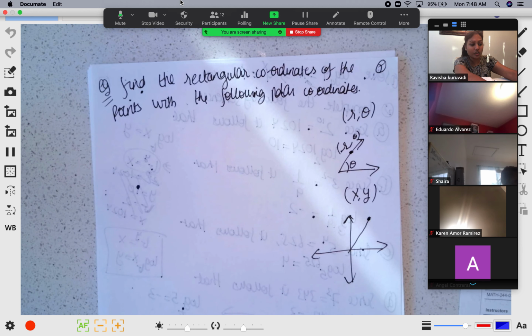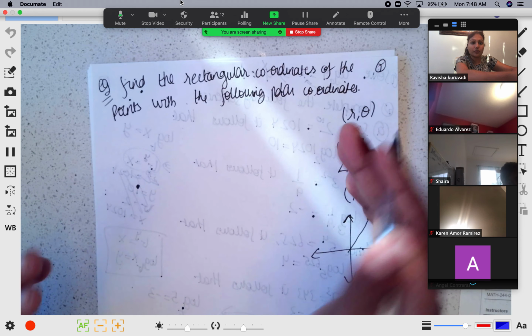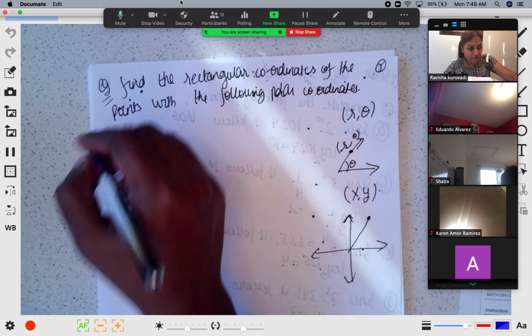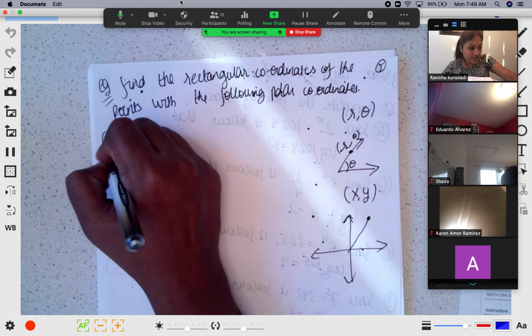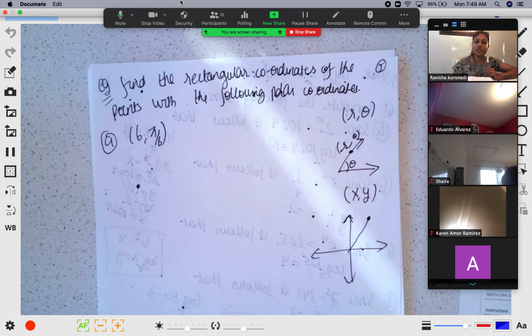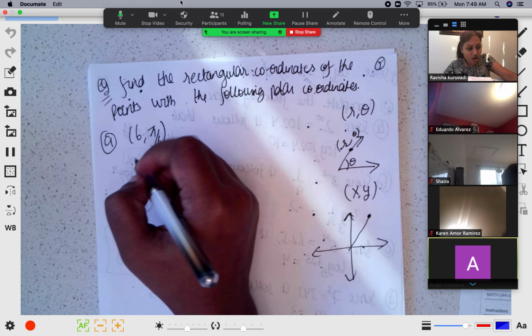Now in the question, they give you polar coordinates and you have to convert them into rectangular coordinates. You're given 6, pi over 6. Okay, Samantha, what's your r?